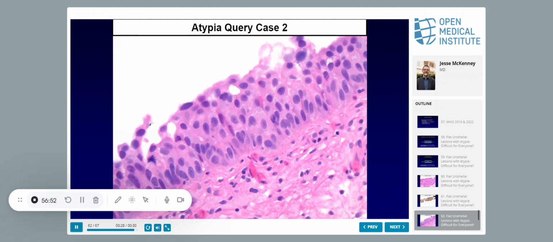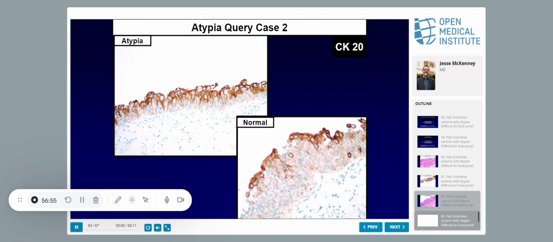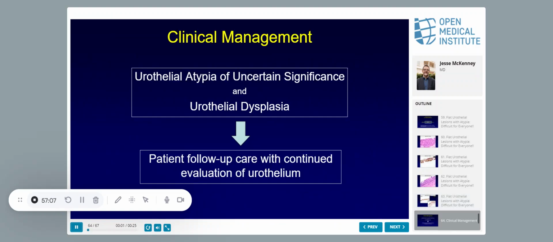Again, someone did the stains, and there's a little bit of accentuated staining in the atypical areas, but it's an umbrella distribution, and the normal had an umbrella distribution. So the main point is that for most urologists, urothelial atypia of uncertain significance and dysplasia get you to the same thing, which is follow-up with continued evaluation of the urothelium.